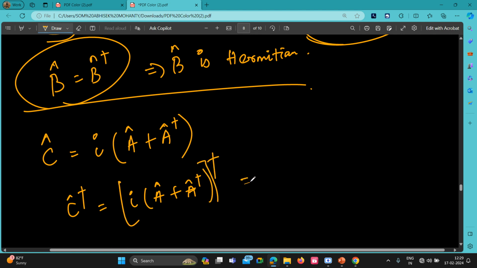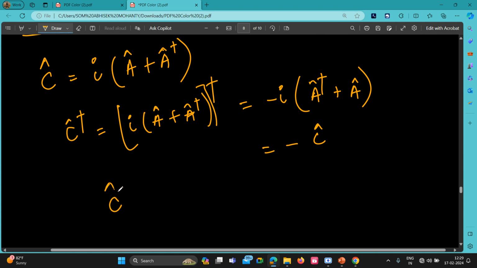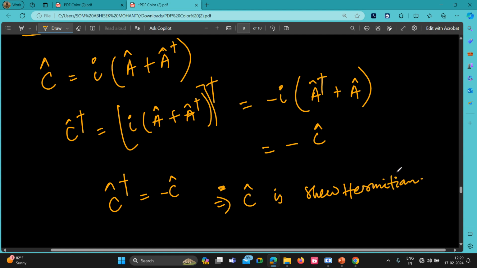So i dagger is minus i, because of the complex conjugate, and this is A dagger plus A dagger dagger, which is A. So this is exactly minus C. So C dagger is equal to minus C, which means C is skew-Hermitian. If there is a minus sign, this is skew-Hermitian. Do you agree with me? Skew-Hermitian or anti-Hermitian?